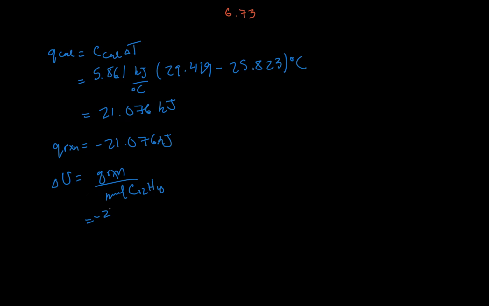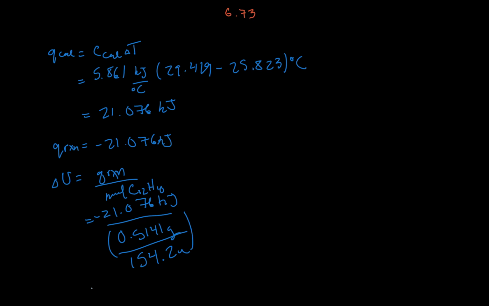Okay, so negative 21.076 kilojoules divided by the amount of moles that we have. We got a mass value instead, so this is going to be 0.5141 grams divided by the molecular formula, which is C12H10, so it's 12 times that plus 8 equals 154.2 grams per mole.